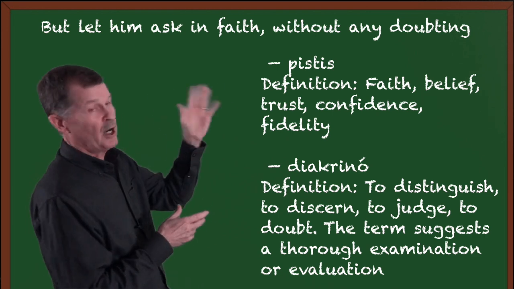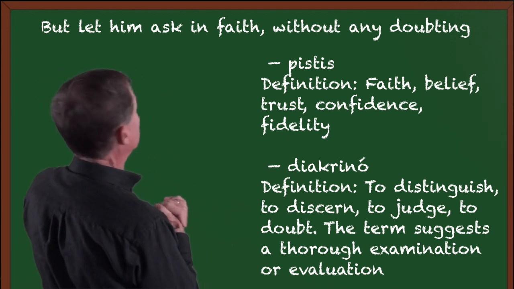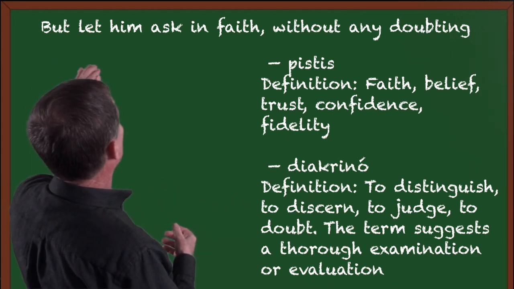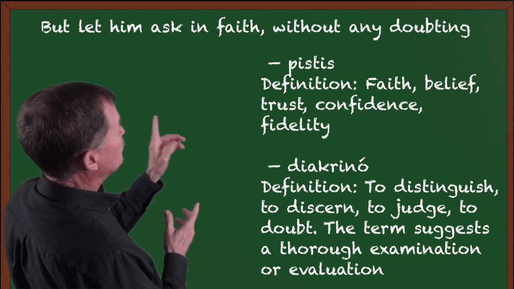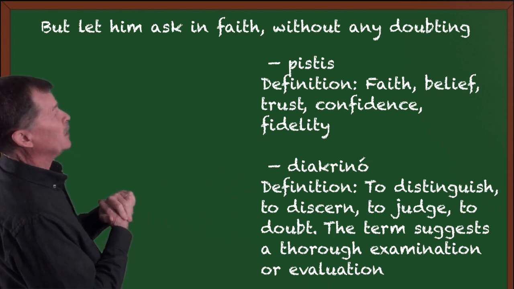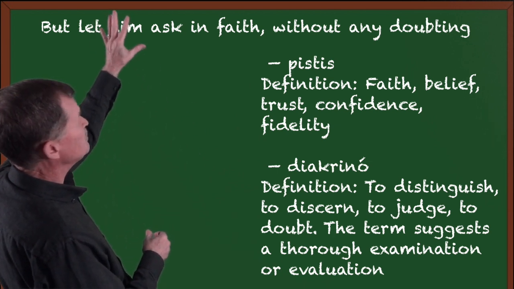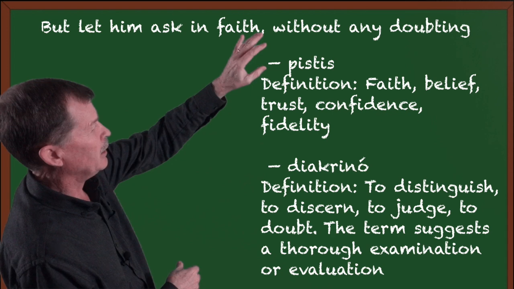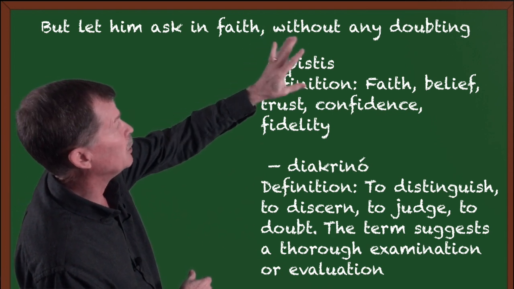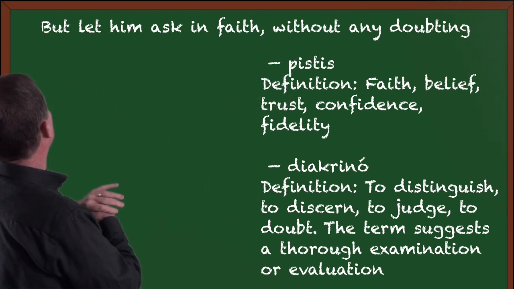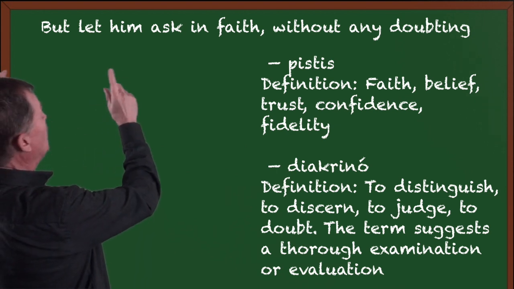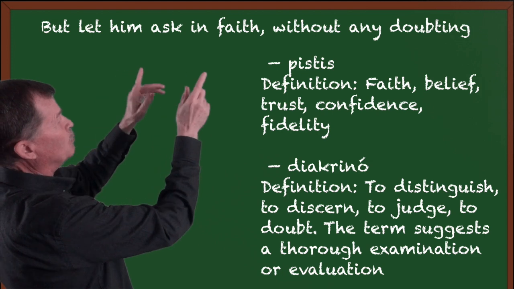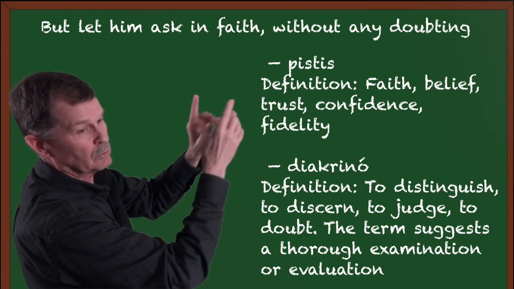Back to the phrase of James chapter 1. But let him ask in faith, without any doubting. Okay, so we know that faith is pistis, and doubting is diakrino. So, let him ask in faith, without diakrino.